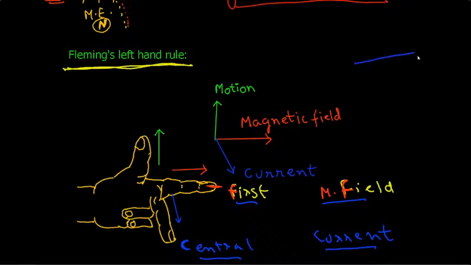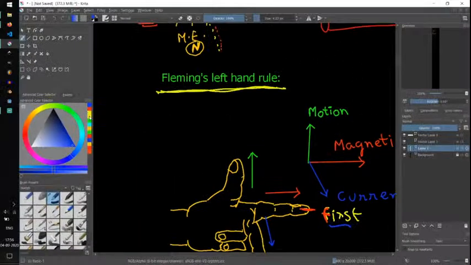This is my first finger, this is my central finger, and my thumb is up. All three are mutually perpendicular. So when I open up my thumb, my thumb will give the direction in which the conductor or the charge will move.